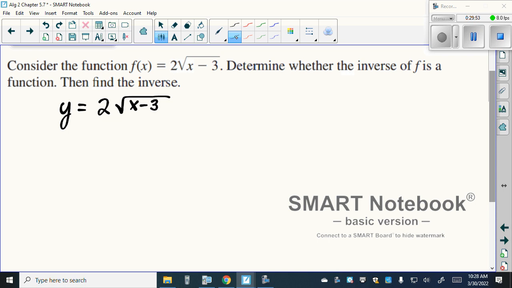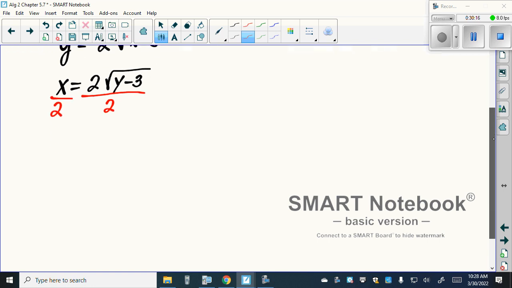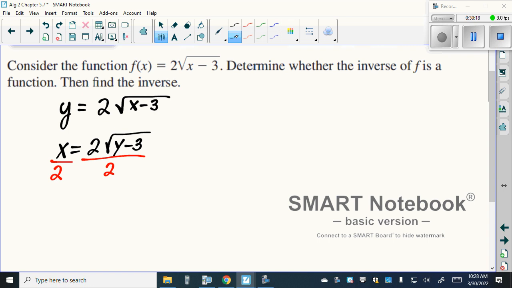So, looking at this here, we'd switch x and y. X is equal to 2 square root of y minus 3. So we need to get y by itself to find the inverse. So what would we do first? We would divide by 2. Yes. And when we divide both sides by 2, these will simplify out.